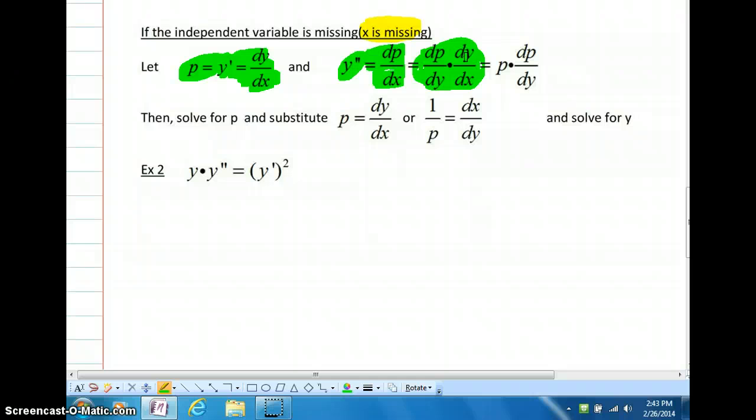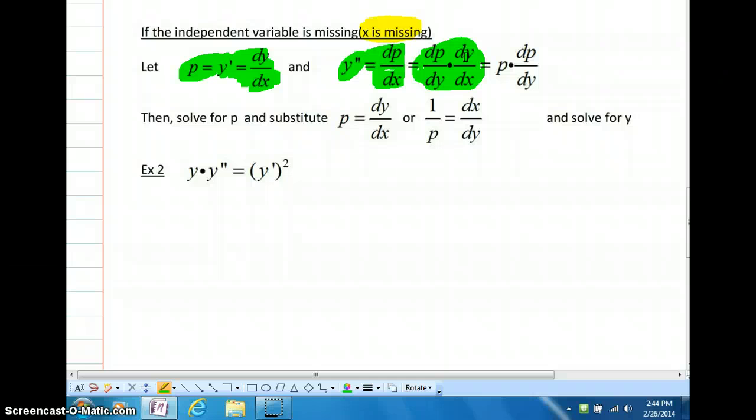We're saying, what if p is a function of y, but ultimately y is a function of x. Take your derivative of p with respect to y, but then multiply by dy dx.